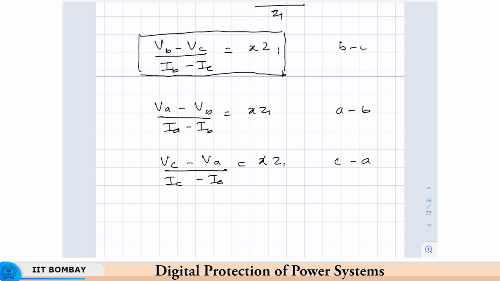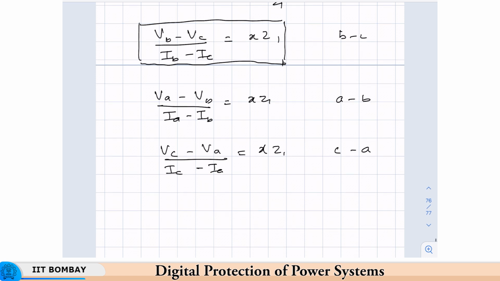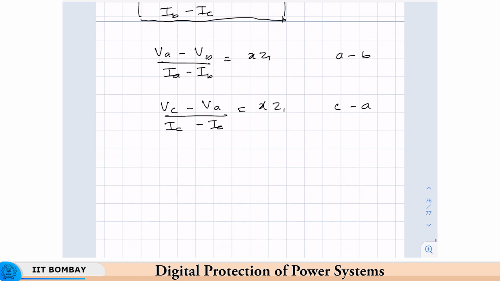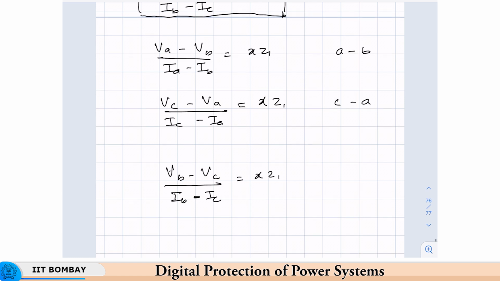In case of a balanced 3-phase fault, it will be A square VA minus AVA upon A square IA minus AIA, which is the same as what we derived in the earlier case.